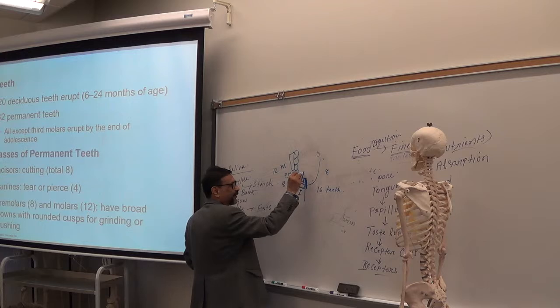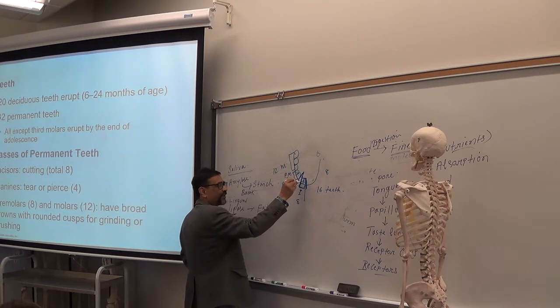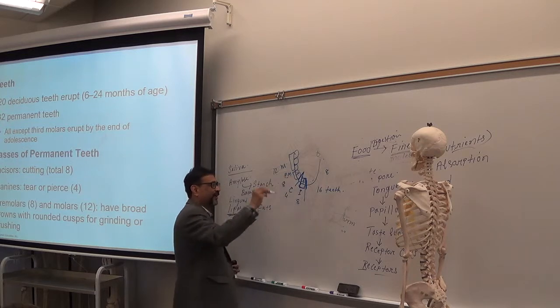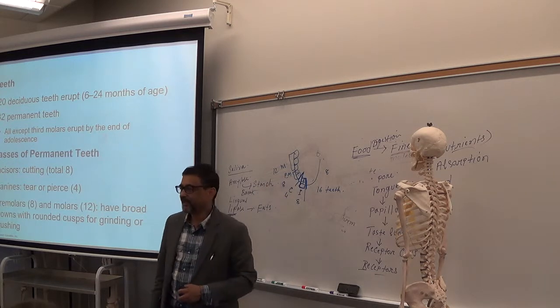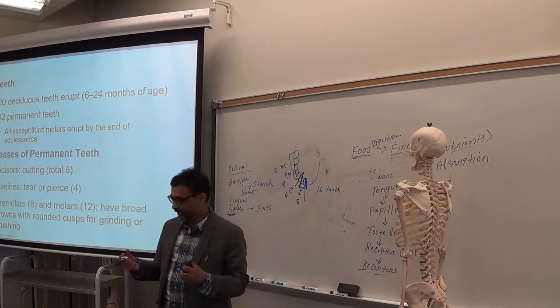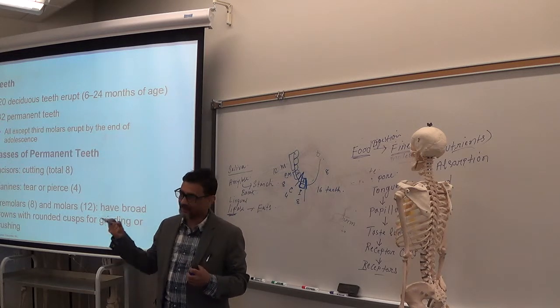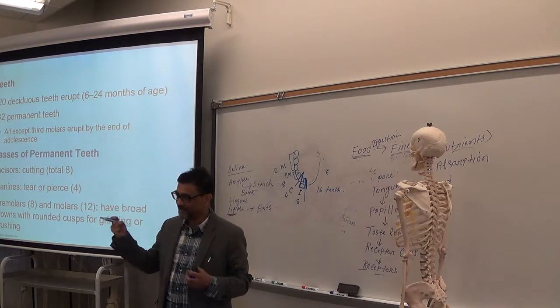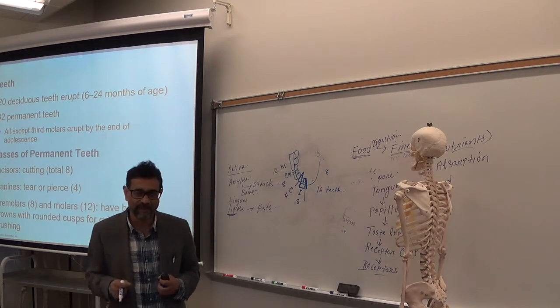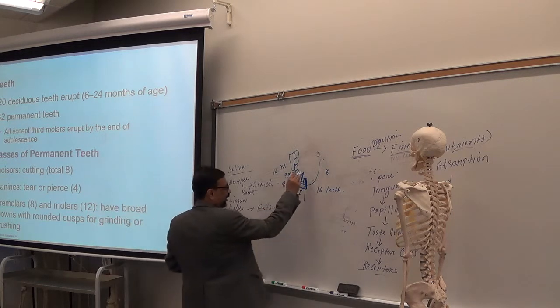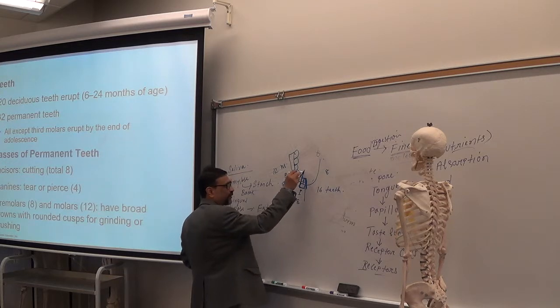So tearing is the main function of the canine. So those animals that eat the flesh, raw meat, use the canine more, to tear the flesh. So their canine is more pointed and sharp.